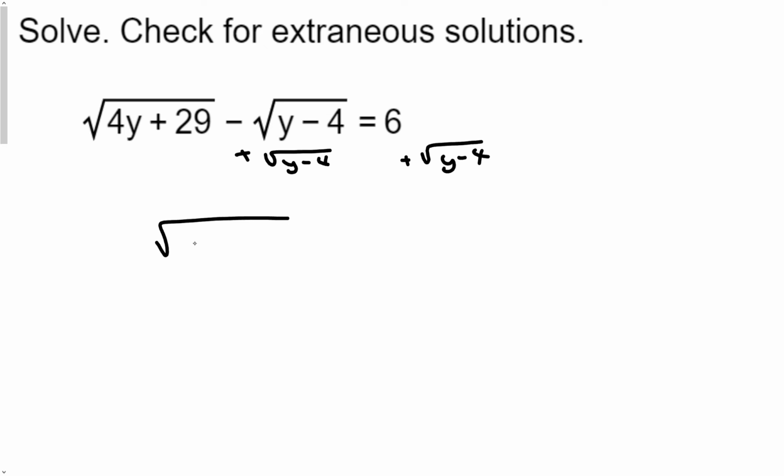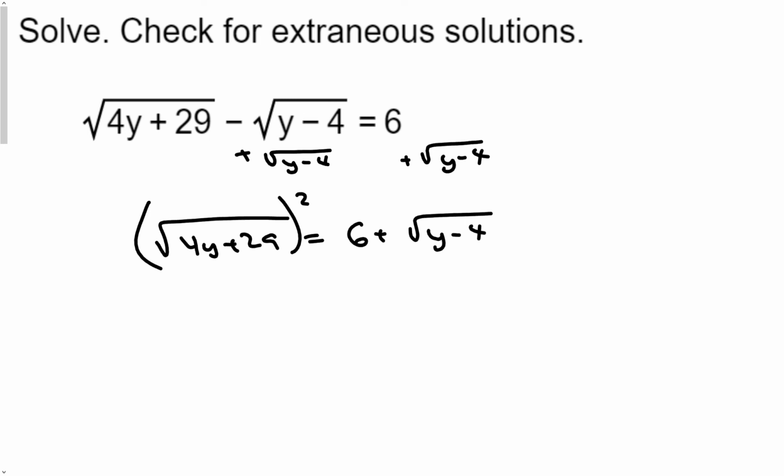So I have the square root of 4y plus 29, and that's equal to 6 plus, you can't add these together. So now when I square both sides, this is a monomial, so it just turns into 4y plus 29. But when I square the right-hand side, I now have two terms. I have the 6 and I have this thing.